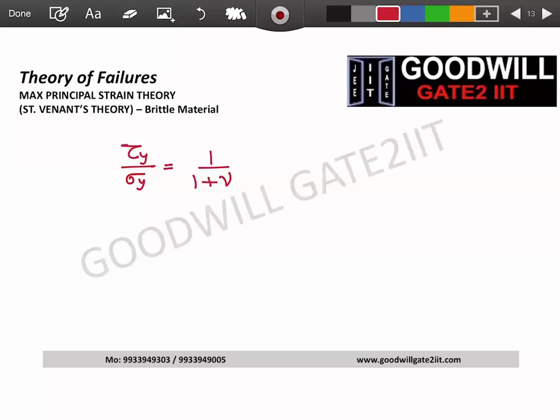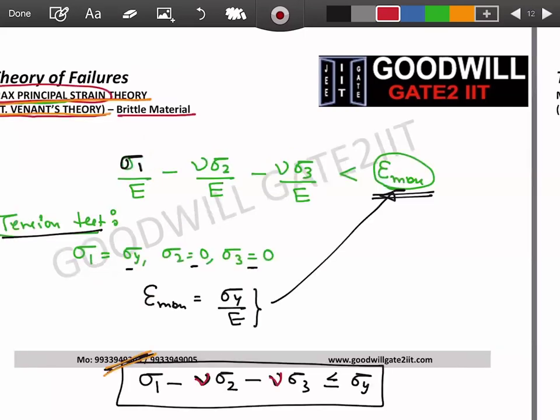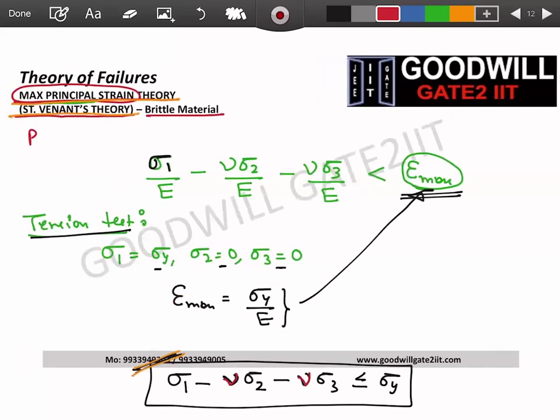Again, just to get a feel, if nu is 0.25, you will get this ratio as 0.8. So graph for this body is kind of a rhombus. Let me write that word here. So graph for this is a rhombus. And it will look something like this.